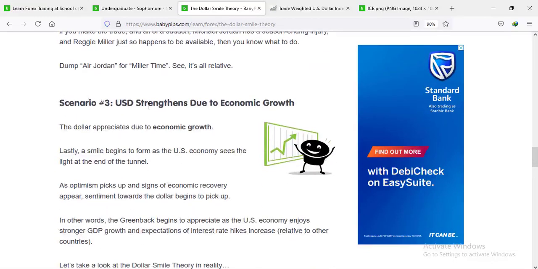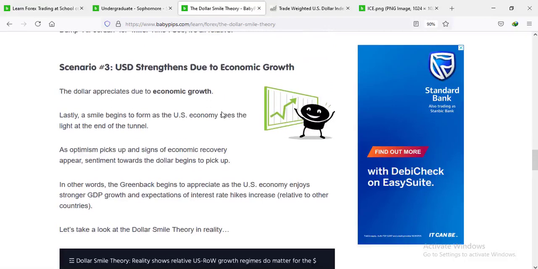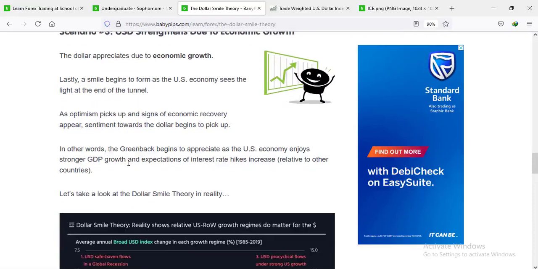Now, the third scenario of the smile theory is that the US dollar strengthens due to economic growth. Okay, so now optimism begins to pick up and signs of economic recovery appear again, and the sentiment towards the dollar begins to pick up. So in other words, people now have confidence in the US economy and in its GDP, and expectations that interest rates are going to spike up.